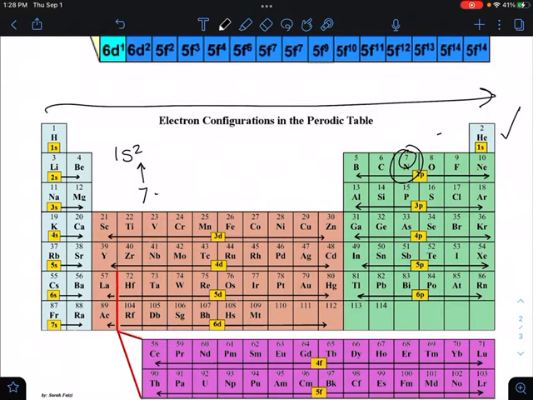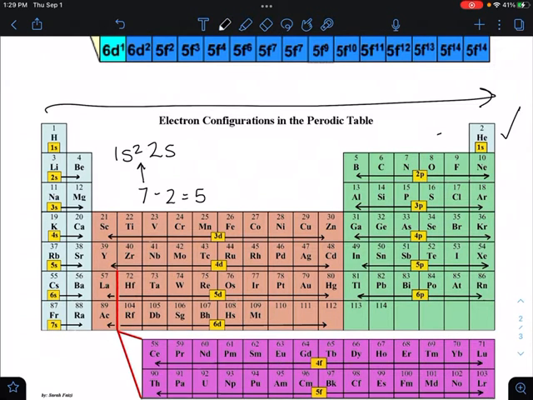Let's go to 2s. 2s2, right here, filled. We're trying to get to nitrogen. So that's 4. Then I have my 2p. I have 2p, but I'm only going here.